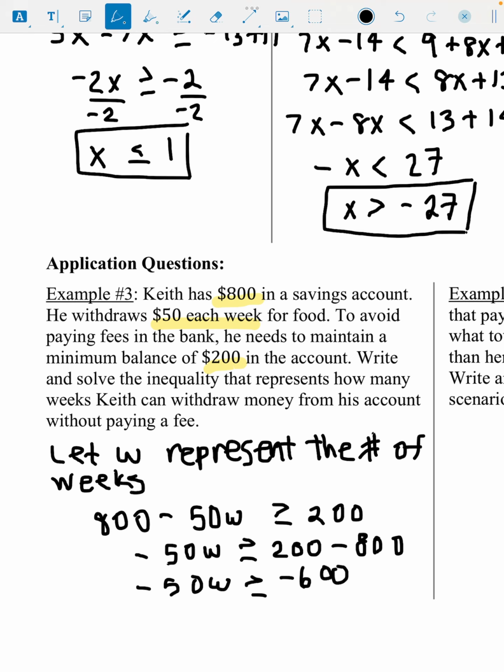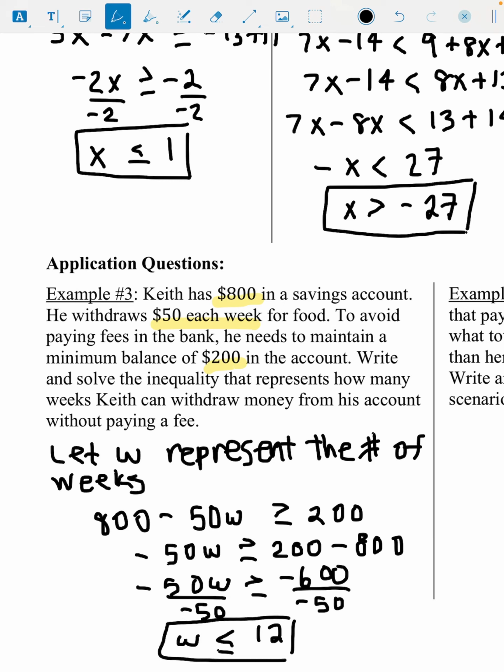So when we divide both sides by negative 50, we should get that W is less than or equal to, because remember we're dividing by a negative number, so you must reverse the inequality operator, 12.